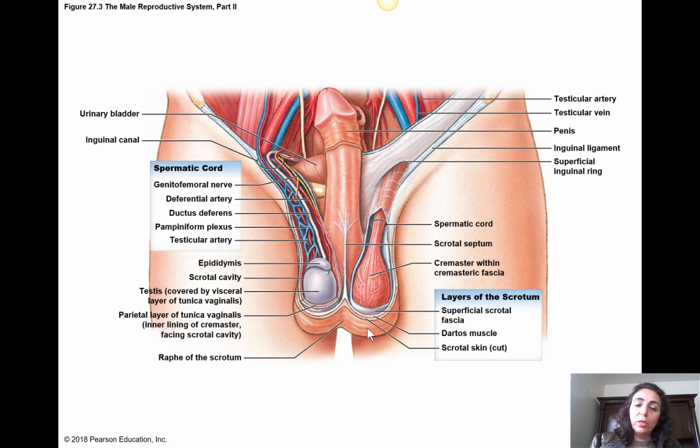So that was regarding these muscles that you have inside of the scrotum and their function. And so the layers that you see: you have the scrotal skin, then you have the dartos muscle, then you have the fascia of the scrotum for the cremaster fascia, and then you have the cremaster muscle here, right? So these are in the order.